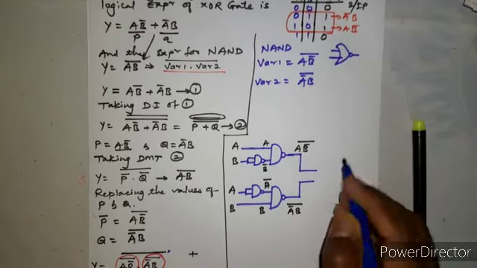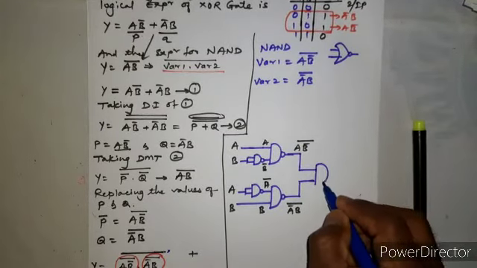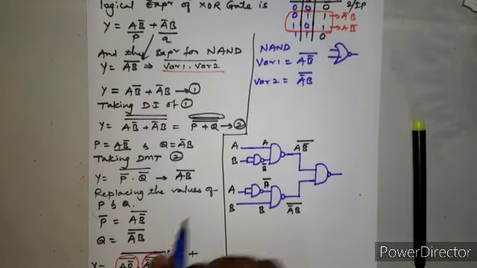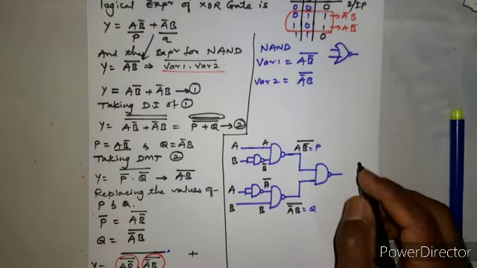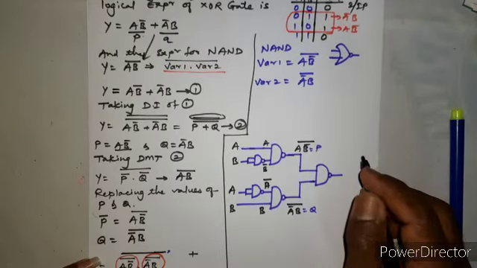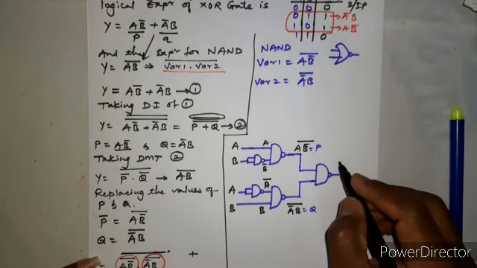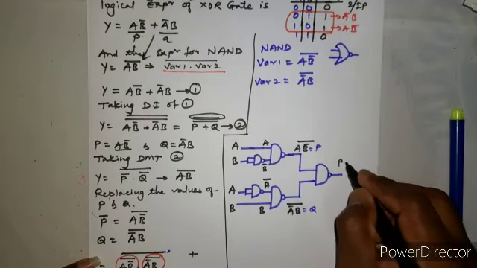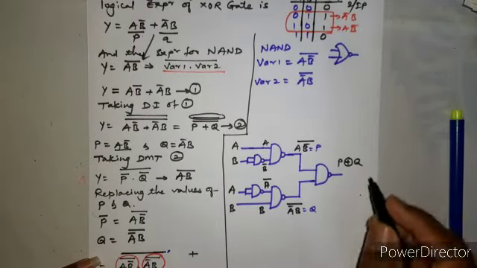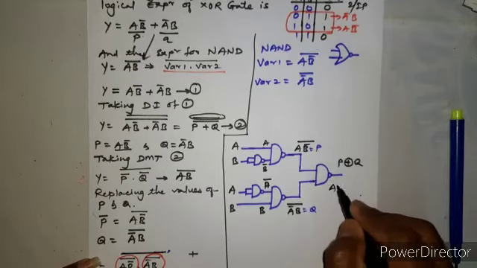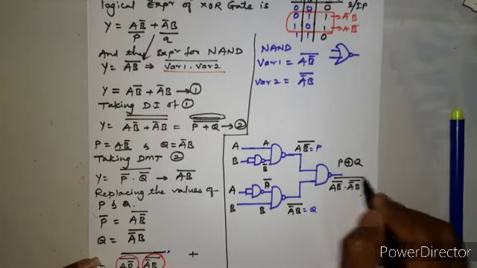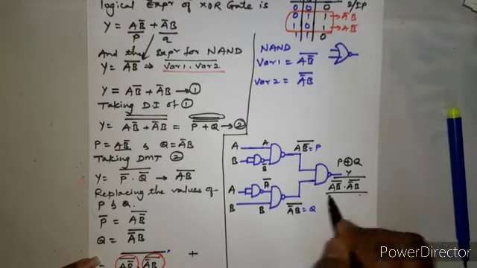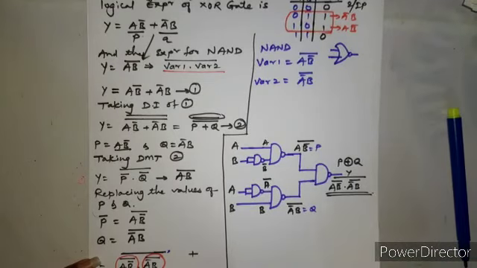So I need to have one more NAND gate, okay. So consider this P and this as Q. So the output here is P plus Q, right? So I can say A B bar whole bar dot A bar B whole bar and its whole bar. So y equal to, so this is our final equation, okay.